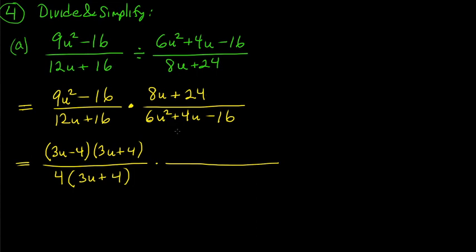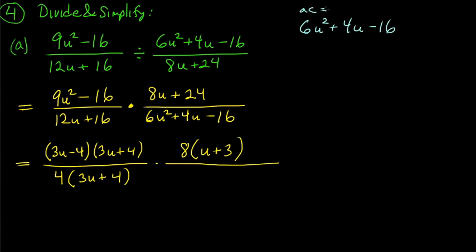So the numerator, 8u plus 24, you factor out the 8, and you get u plus 3. Okay, it's the second denominator that's probably the trickiest, right? Because it looks like AC method here. So I'm going to do that way up here now. So 6u squared plus 4u minus 16. So a is 6, b is 4, c is negative 16.